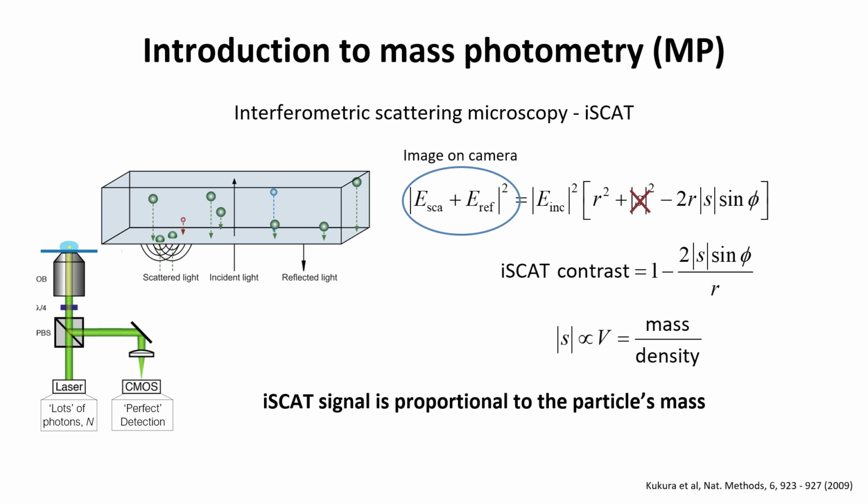So basically, the scattering signal is proportional to the mass. And this is quite strong, and theoretically it was already realized several years ago, but it took a decade of optimization of both the hardware and the software to really make it possible experimentally.